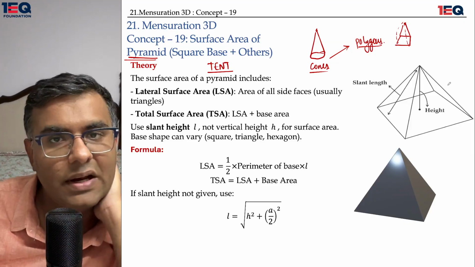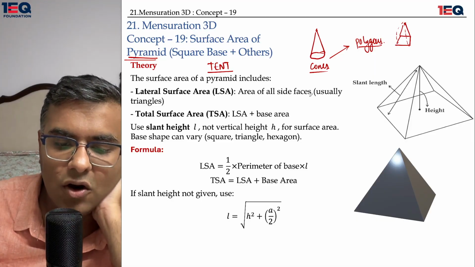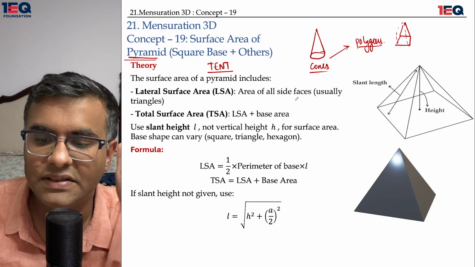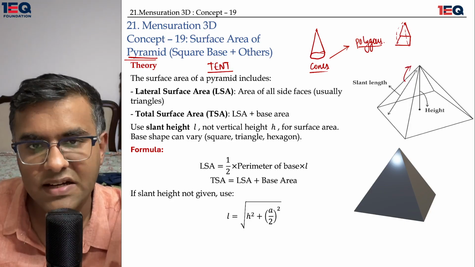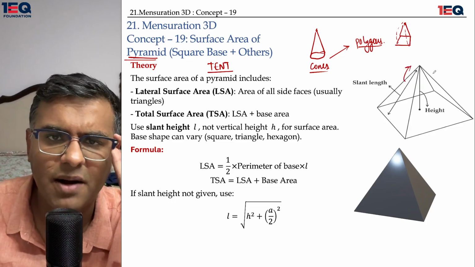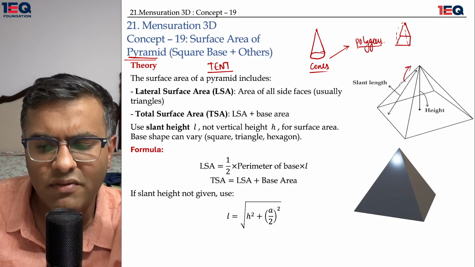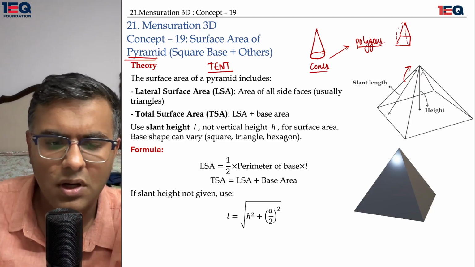Whenever we talk about the lateral surface area of a pyramid, then area of all side faces is what we are talking about. You'll have to calculate the area of one of the sides separately, and once you have the side face with you, you have to simply multiply it by 4. Okay, when you have one of the side faces with you, you have to multiply it by 4, and that is how you achieve it.